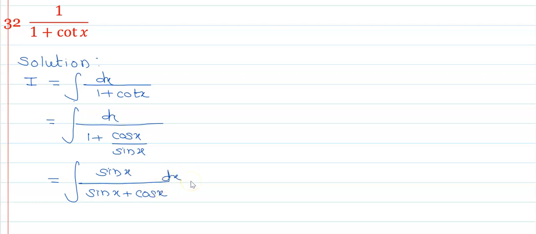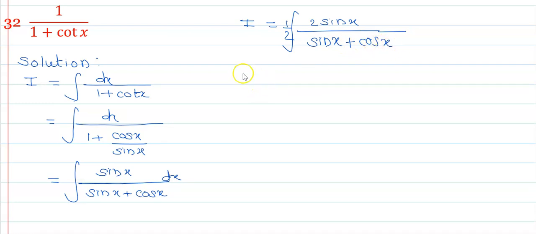Now first we arrange here I as three terms like this. 1 upon 2, that is, 2 into sin x, multiplied and divided by 2 in the numerator and the denominator. You will get here sin x plus cos x.